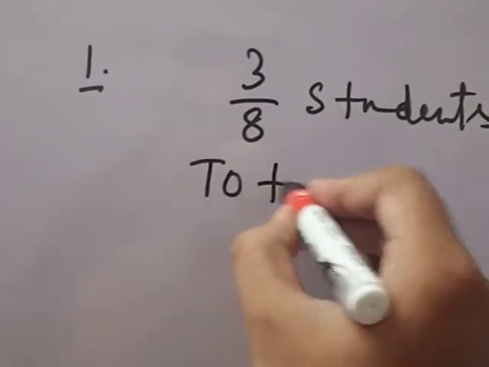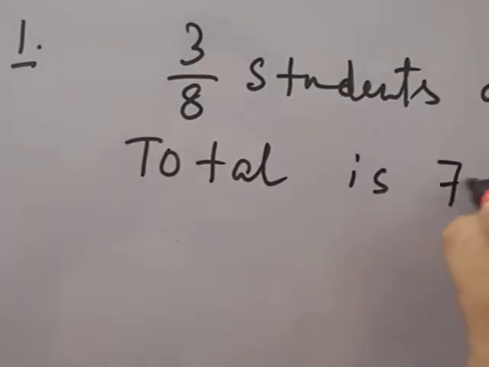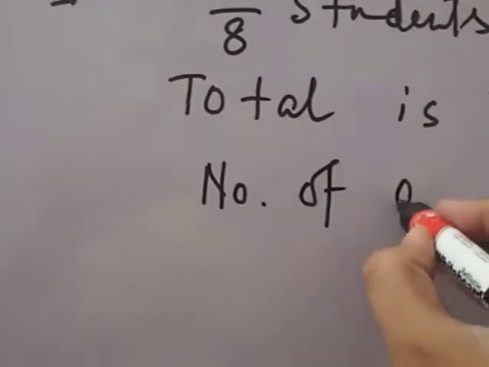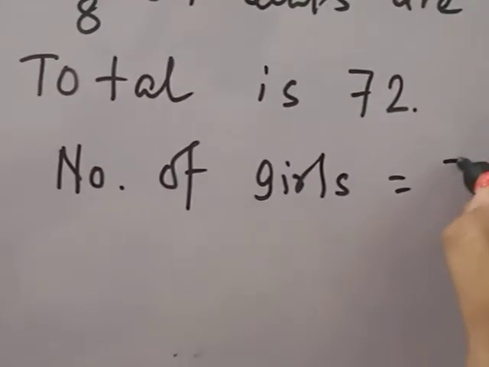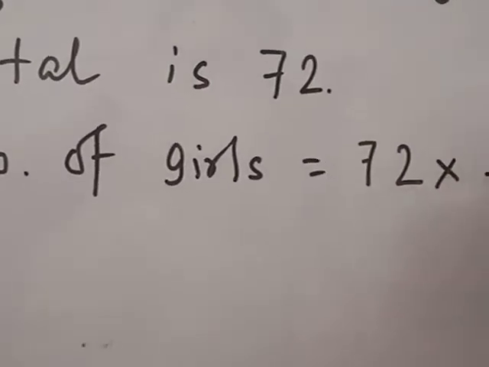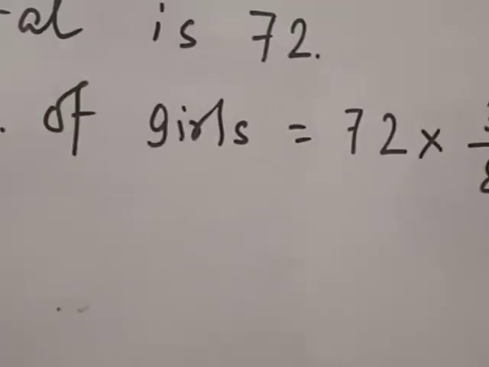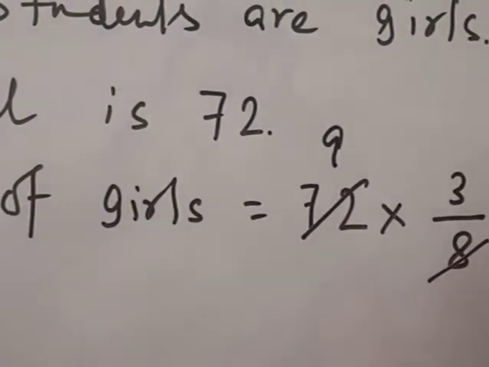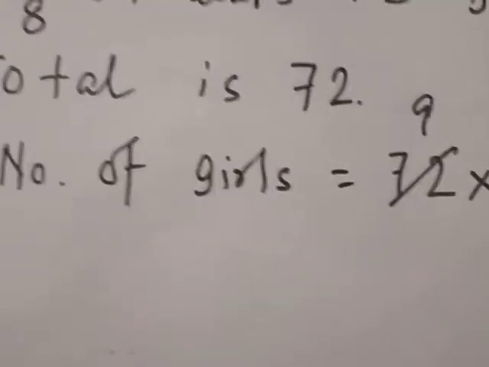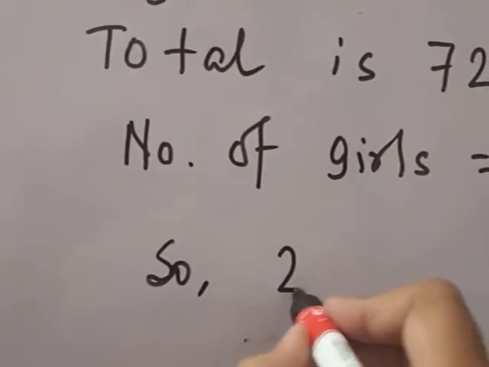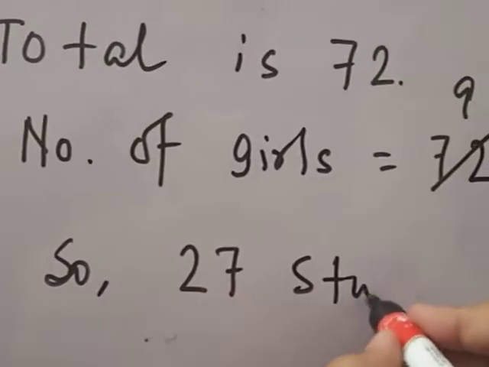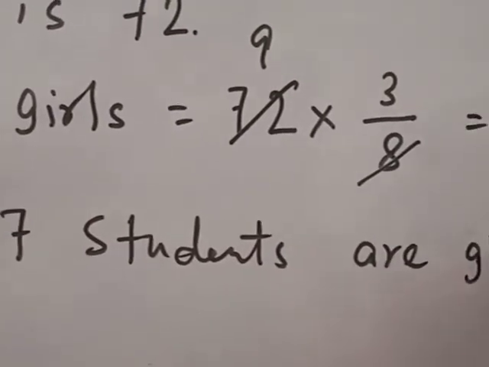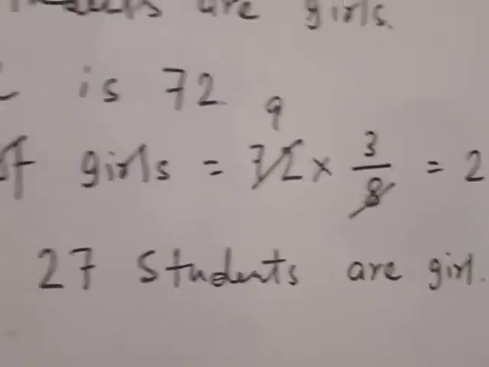So the number of girls is 72 into 3/8. So 8, 9, so 27. So 27 students are girls. Okay.